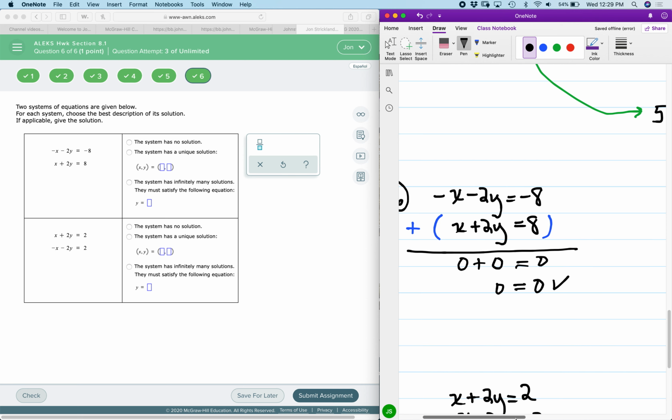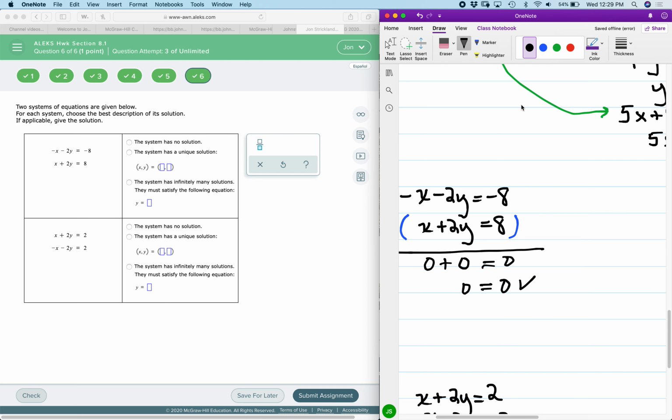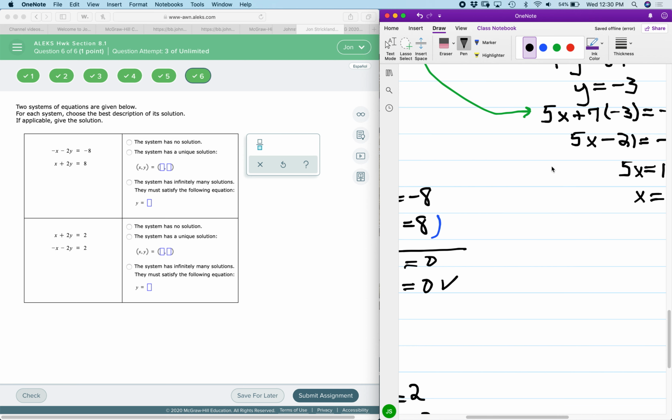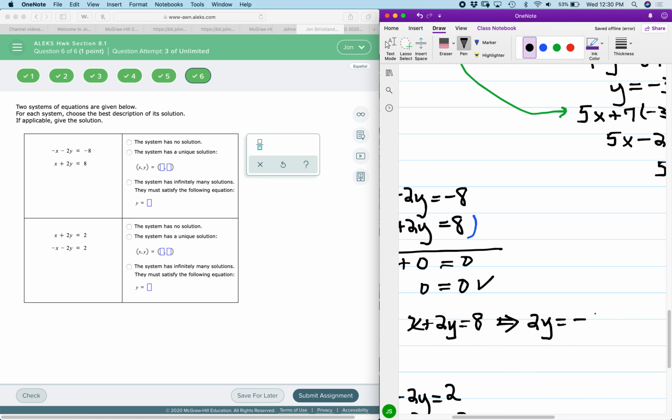Now, if we're looking at finding what we have for y that will satisfy the whole system, in other words, there has to be a consistent relation between x and y. So I can take either equation and express y in terms of x. We have x plus 2y is equal to 8. If I isolate the y term, upon taking x away from both sides, I have 2y is equal to negative x plus 8.